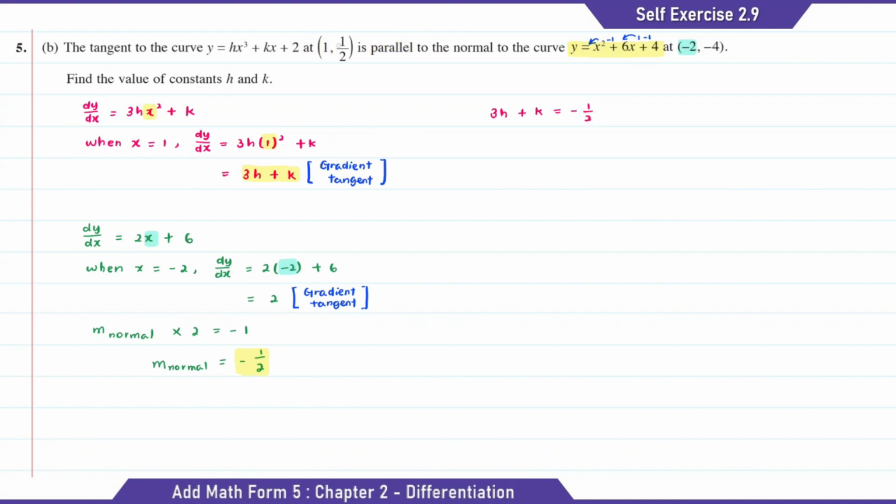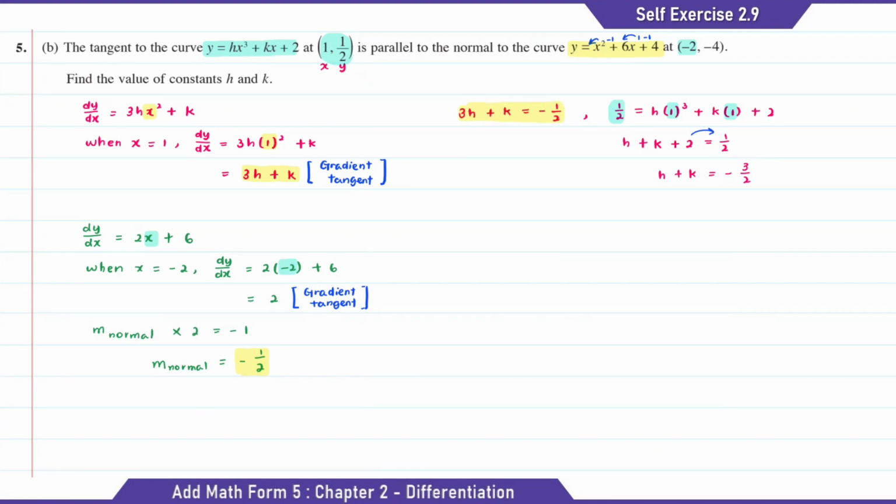To find another equation involving h and k, we're going to substitute these coordinates into the equation. Then the equation will be h plus k plus 2 equals 1 over 2. Then h plus k equals 1 over 2 minus 2, which is negative 3 over 2.